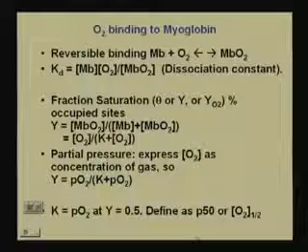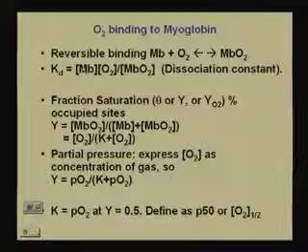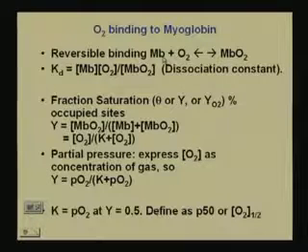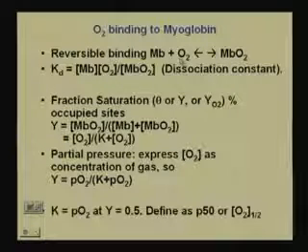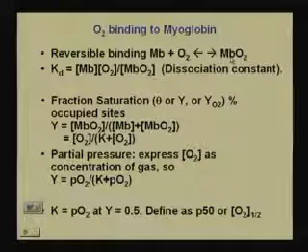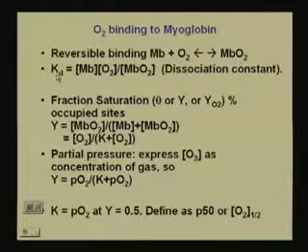Okay. Now we have to come to some expressions. If we have reversible binding, that means we have Mb, myoglobin, plus oxygen in a reversible reaction, because we know we have to release the oxygen when we need it, giving you MbO2. What is this Kd? It is the dissociation constant.